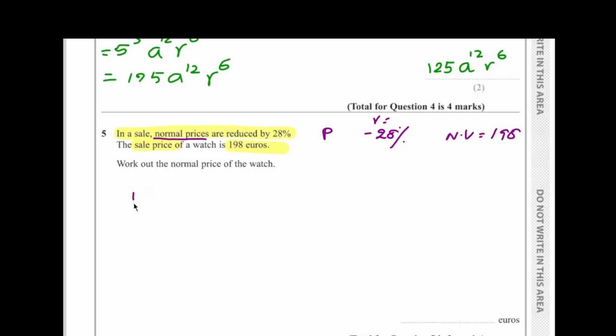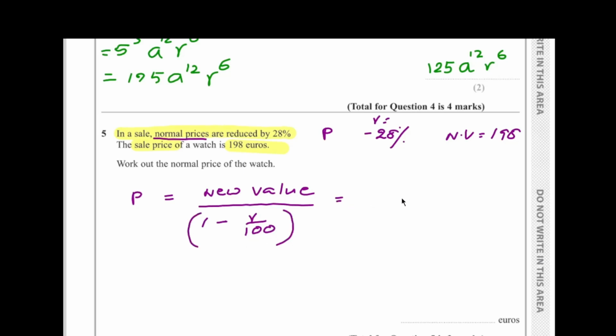Whenever we need to get the principal value, the formula is the new value, which is always the sale price, or the value after something has happened to the original value, divided by 1 minus R over 100, since this is a reduction. Let's substitute the values. New value, which is 198 euros, over 1 minus 28 over 100.